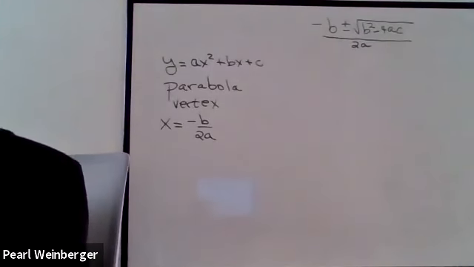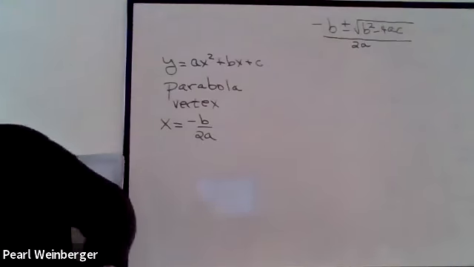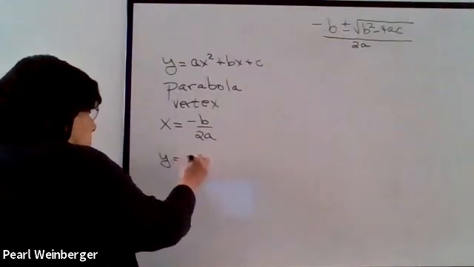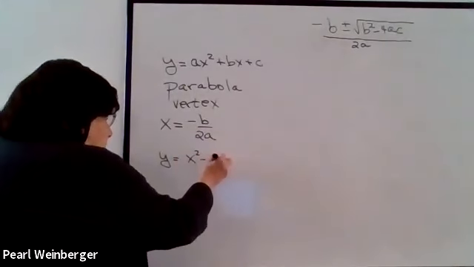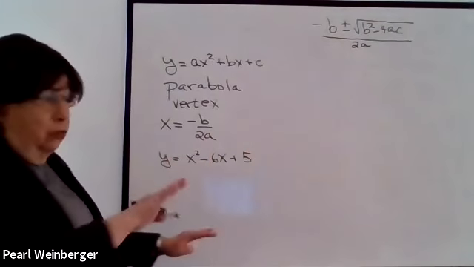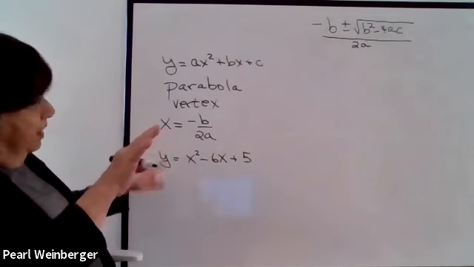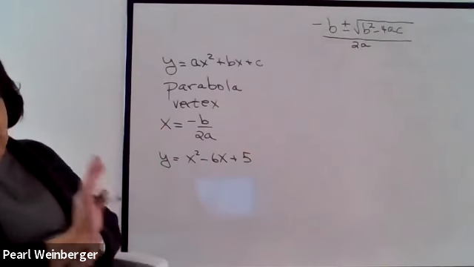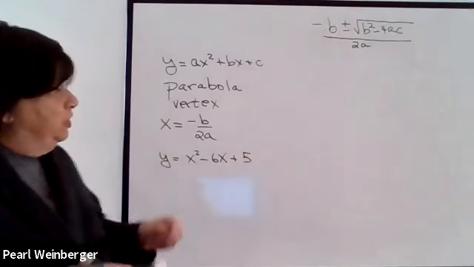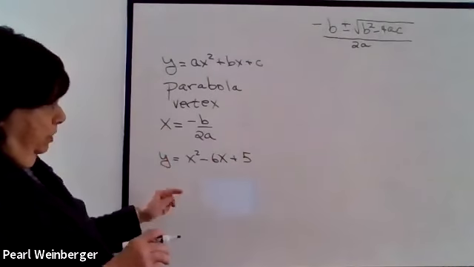Suppose I gave you y equals x squared minus 6x plus 5. Now remember, this is not a quadratic equation because we don't have it equal to 0, we have it equal to y, which means we know we want to graph it, and the shape we're going to get is a parabola.